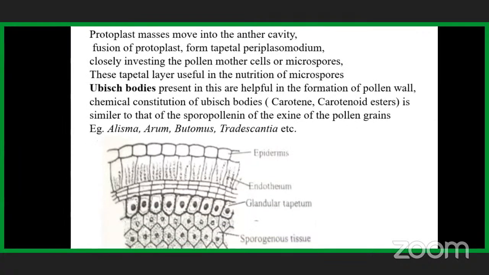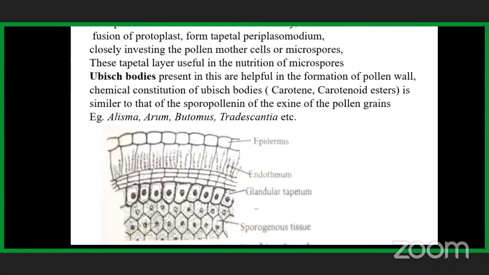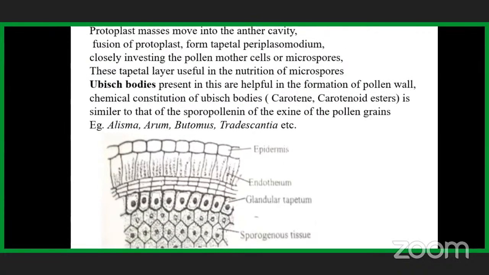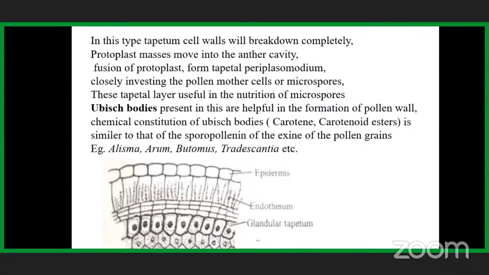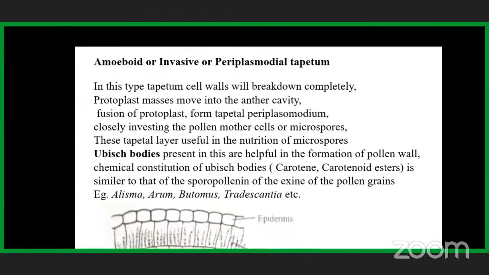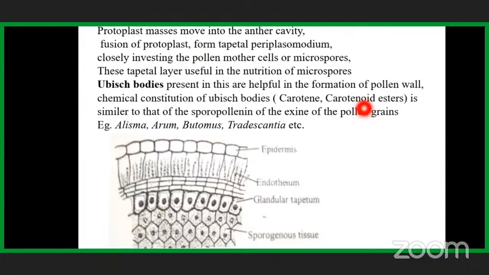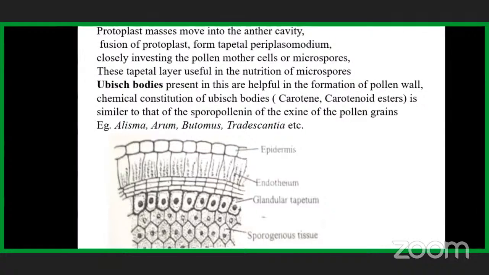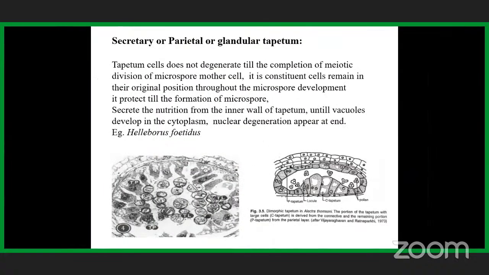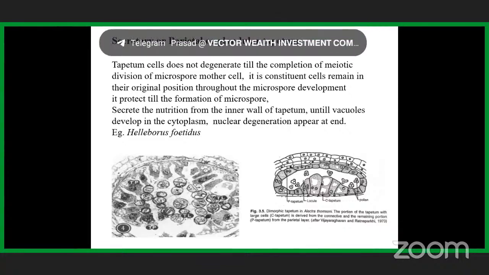Here you can see epidermis, endothecium. You see the tapetum especially. The tapetum we are calling as glandular, heterogeneous cavity. Okay, glandular septa are present. That we have to see and survey.